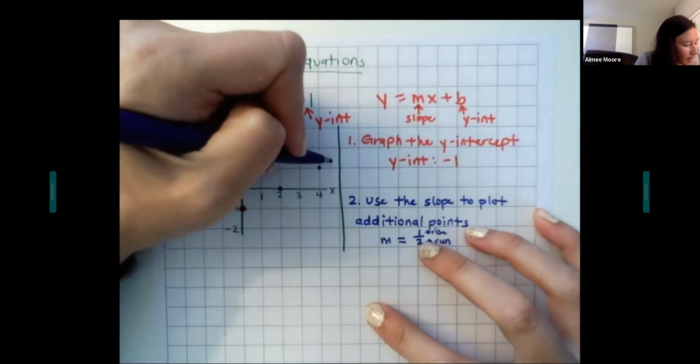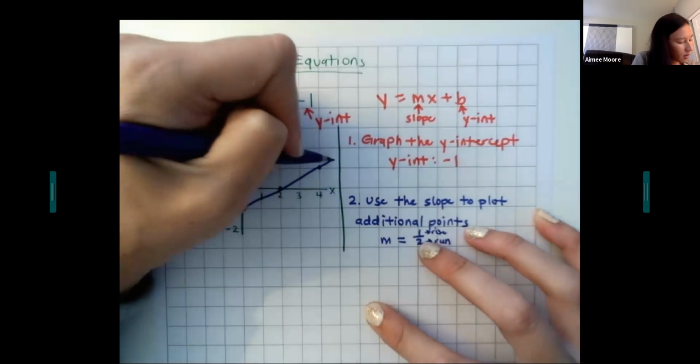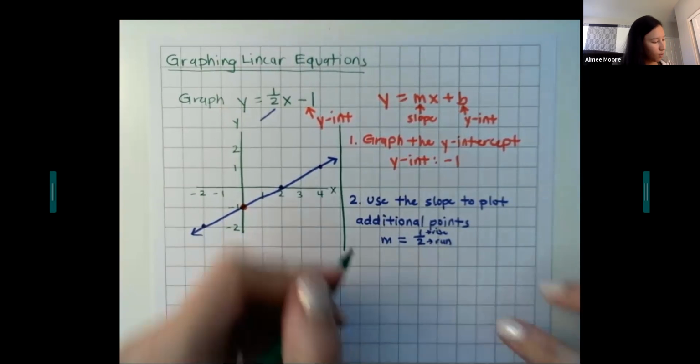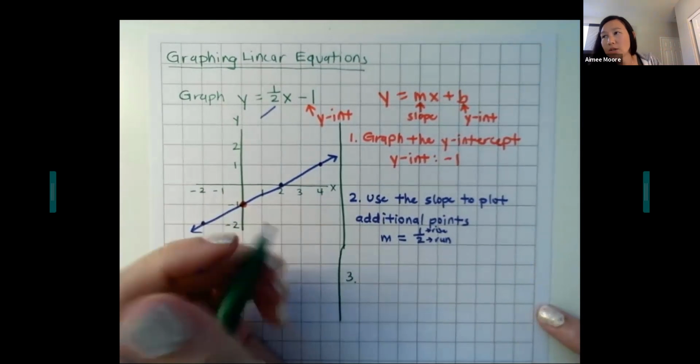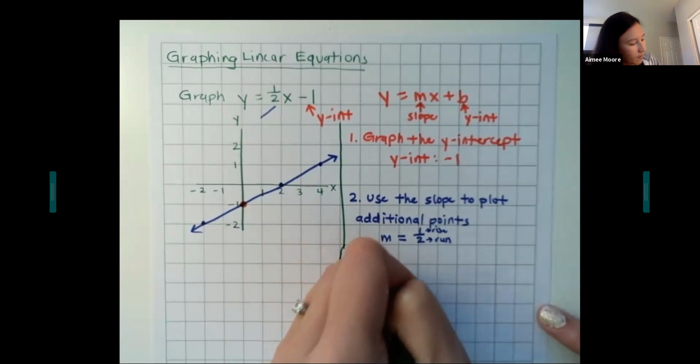And they should all make a nice straight line. If it doesn't, then you did something wrong. But in this case, we did it correctly because it makes a nice straight line. And then the last step is just a little check for us. The last step would be to write slope on the line to make sure it graphed correctly.